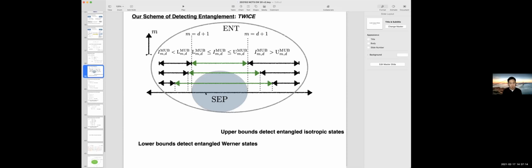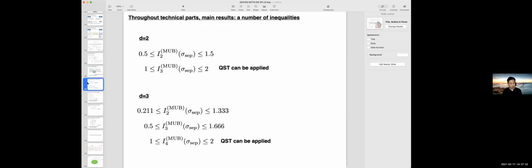So this is the picture I'm expecting. If I apply the whole number, m equals d plus 1, then I have tight bounds for separable states. But if I apply a smaller number of POVM elements, then I have non-tight bounds here and here.